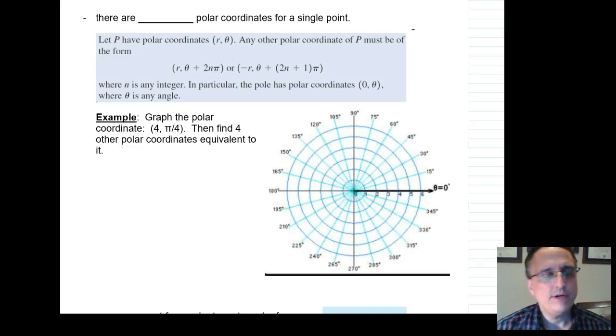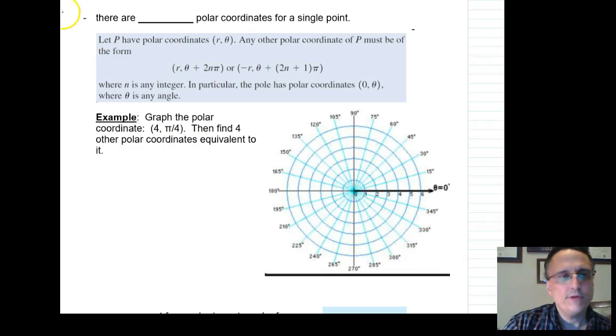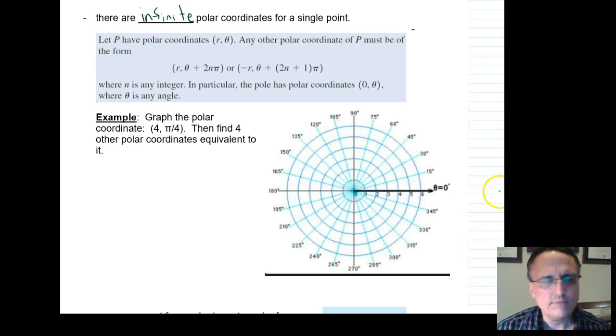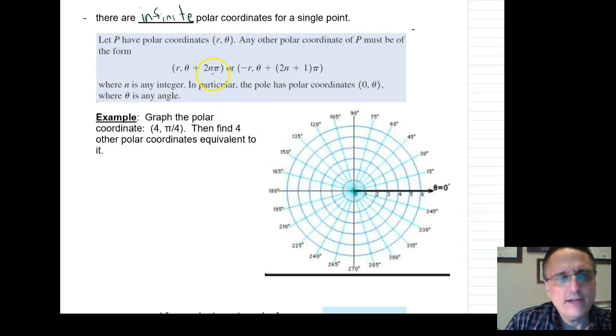The last thing that we'll cover here is this concept about there being an infinite number of polar coordinates for any single point. And that's because if I take a polar coordinate, I could always add to it a multiple of 2 pi or a multiple of 360 degrees and get a new angle that's going to really be the same point.